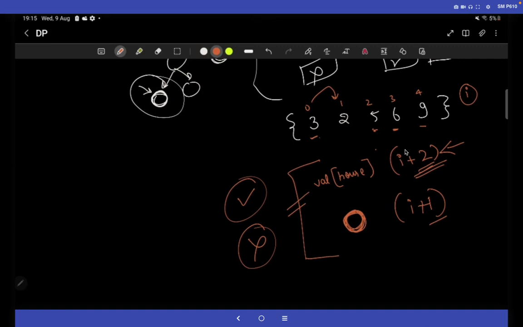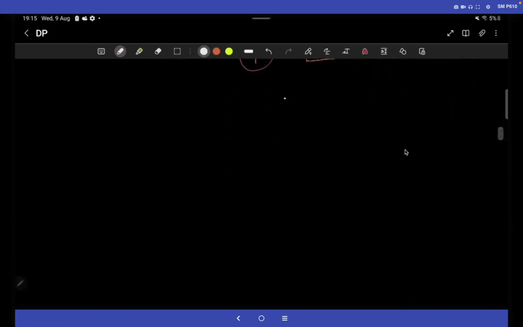So that's all, right? Let's understand this again with the help of an example. Suppose I have an array 3, 2, 5, 5, 6. Now these must be arranged in a circular order.